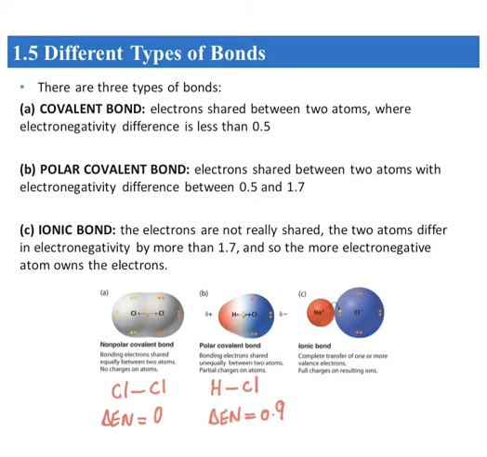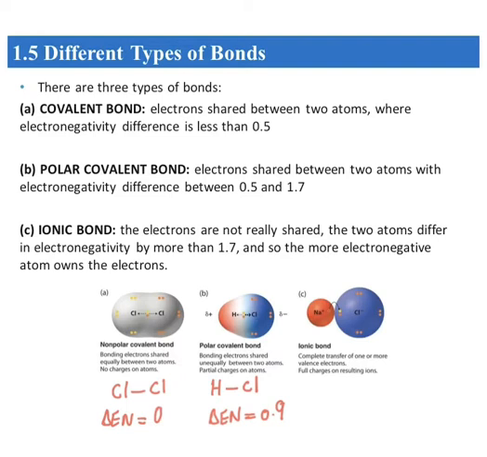So the HCl bond is a polar covalent bond. Please consider that chlorine is more electronegative than hydrogen. Therefore, it pulls the electron density toward itself. So it wants the electrons more. Therefore, electrons are not evenly shared between hydrogen and chlorine.